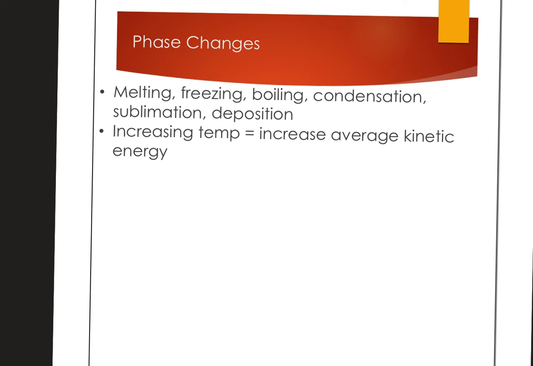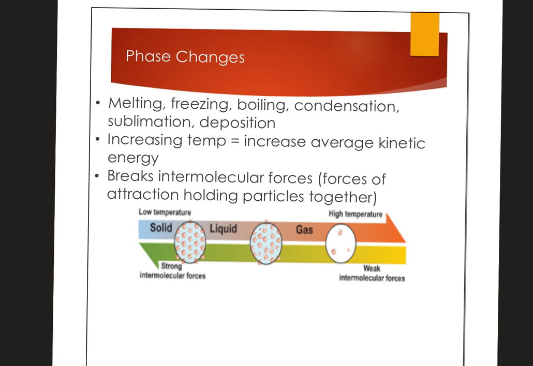So remember, earlier I said when we increase temp, we increase particle motion. Particles move faster, they collide more. So we increase the average kinetic energy of the particles. So what happens when particles are moving faster is that it breaks the intermolecular forces of attraction holding the particles together.